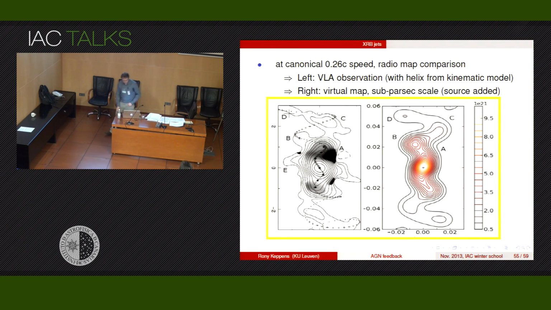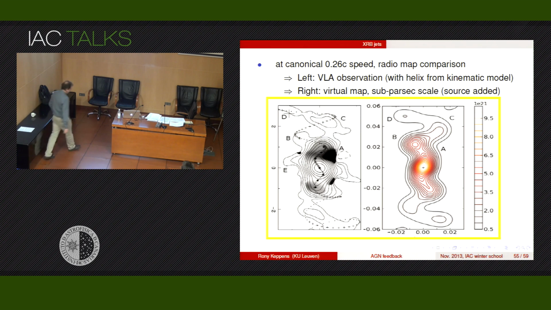So here is, in fact, a contrast. On the left is a picture taken from this paper by Roberts et al., 2008, where they have VLA observations. And so here these are contours for the radio. Of course, there is also now a centrally peaked thing, which corresponds to the fact that the central regions obviously form a strong radio source.